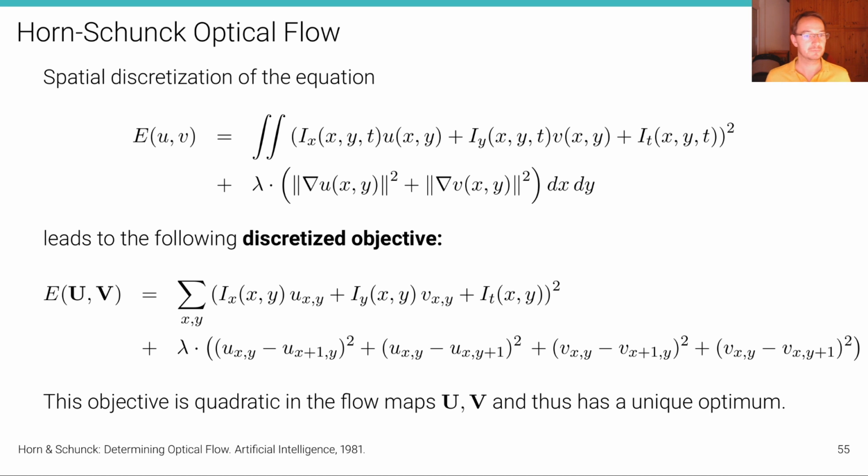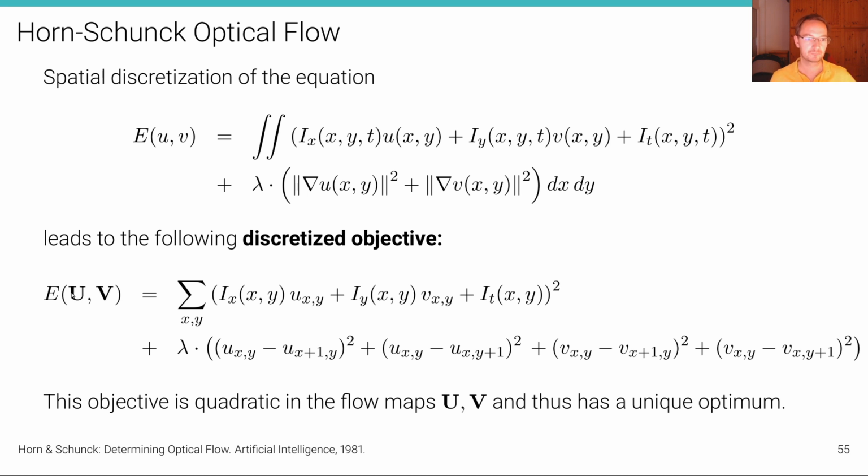Now the next thing that we do is we spatially discretize this equation. This is the equation from the previous slide, the linearized one, which leads to the following discretized objective. Instead of this energy functional, we now have an energy with respect to a discretized optical flow field.